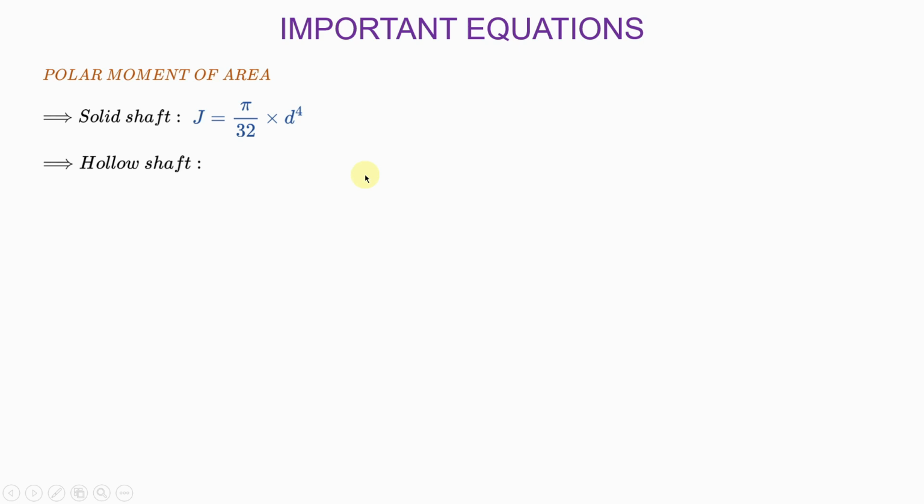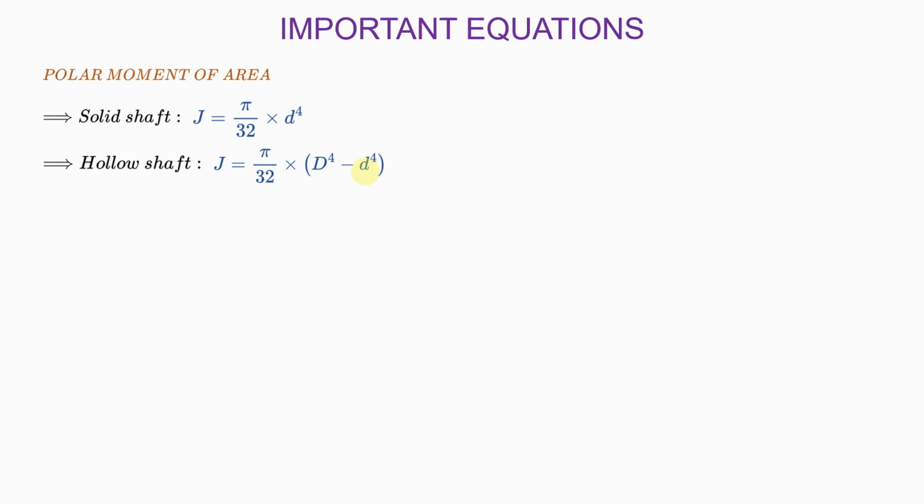But when you have a hollow shaft, the equation is this. When you have a hollow shaft, you will have the outer diameter and also the inner diameter of the hollow shaft. When dealing with a hollow shaft, we differentiate the diameters: the outer diameter will be capital D, and the inner diameter we will refer to with a small d.